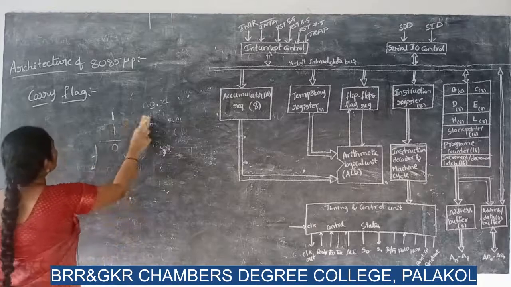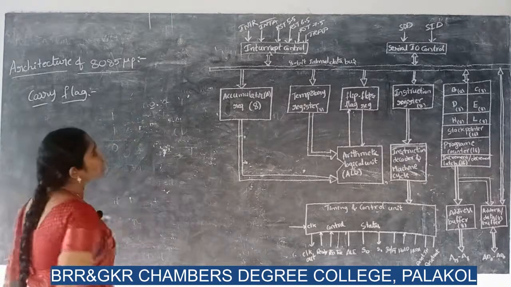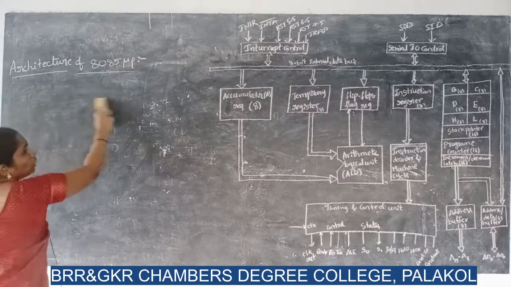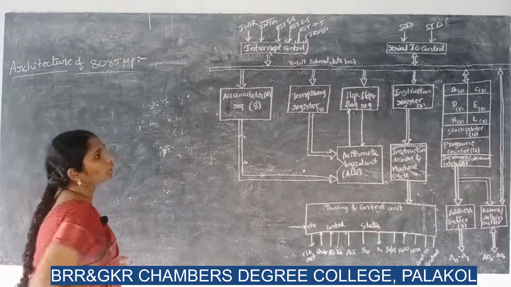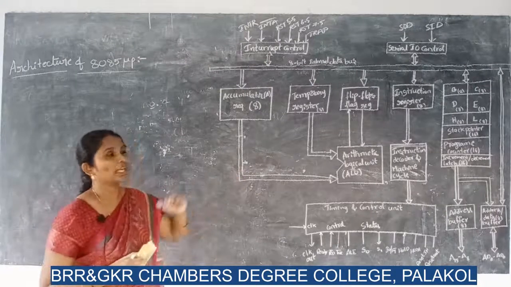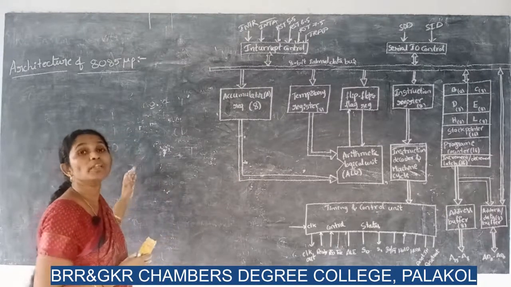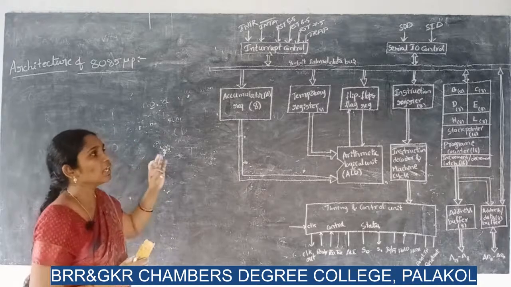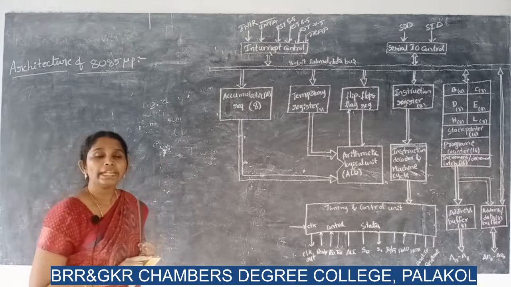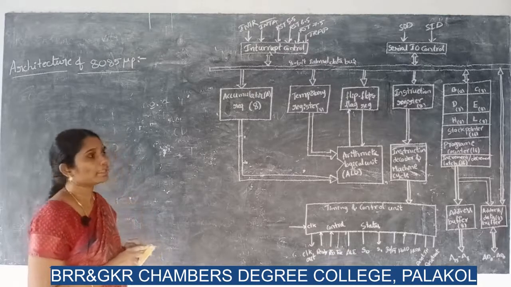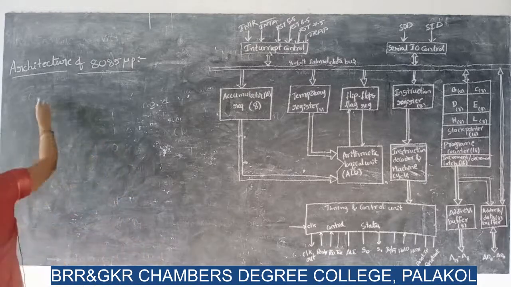Okay, so these are the flags of an 8085 microprocessor. Now we are discussing the special purpose registers. The accumulator is over and the flag register is completed, and the next special purpose register is the program counter.